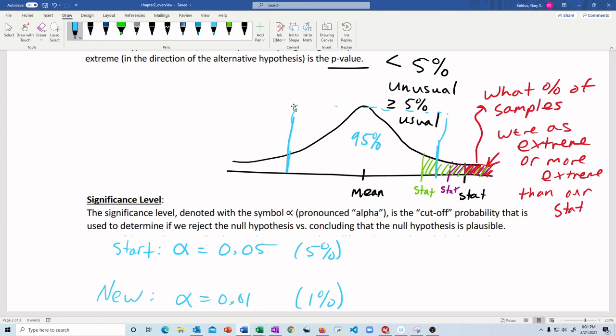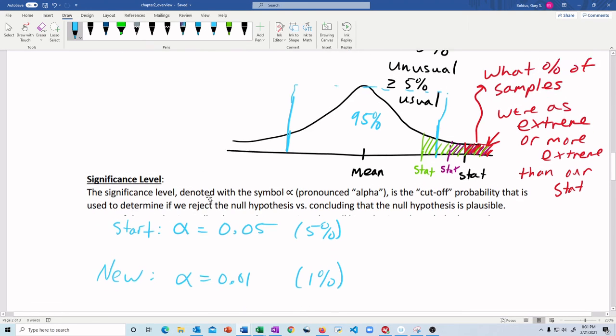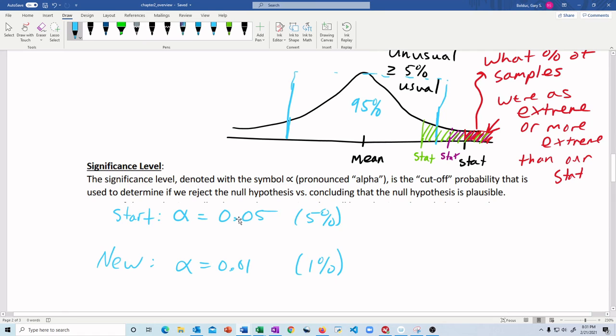I'm going to start calling more in the middle usual and less unusual outside. So we'll do examples. We'll play around with it. It's the significance level, just moving the cutoff. That's it. And we'll talk a little bit about why you would do that in certain scenarios. A lot of the time, 5% works all over the place. 5% is all good. But there are scenarios where you might want to change this. You might want it to be a smaller number or a bigger number. All right, we'll talk a little bit about that too.